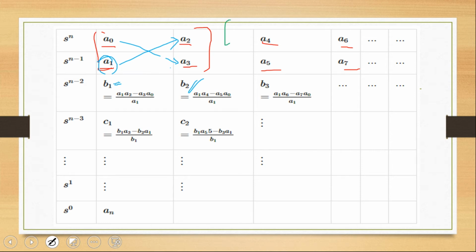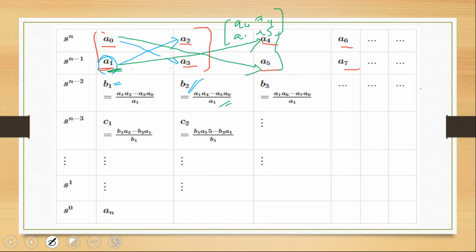a0, a1, that is these two, and a4, a5. So we have this determinant. We will multiply a1 into a4 minus a0 into a5, divided by a1. This is our second element.